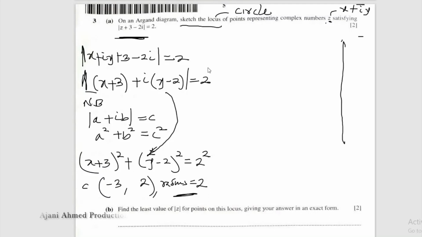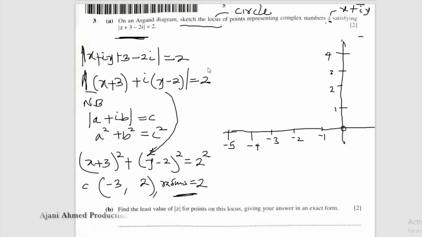Draw my line. I'm doing it like this because my x value is negative, my y value is positive. That's why I'm drawing it on this side. Let me label it 0, minus 1, minus 2, minus 3, minus 4, and minus 5. So that's for x value, y value 1, 2, 3, 4.